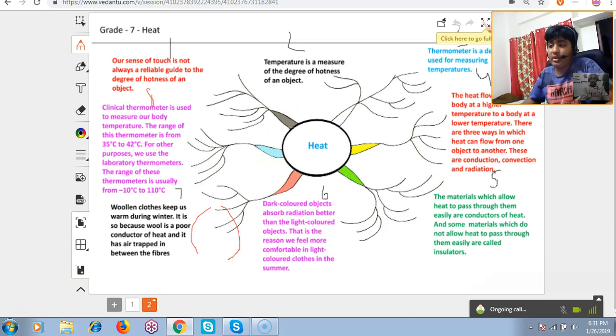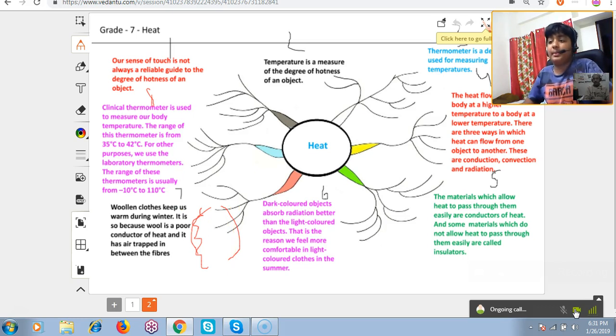Because wool is a very poor conductor of heat, and there are little fibers in between, and it has air trapped, and this air cannot move towards the outside. That is the main reason why it keeps us warm in the winter.